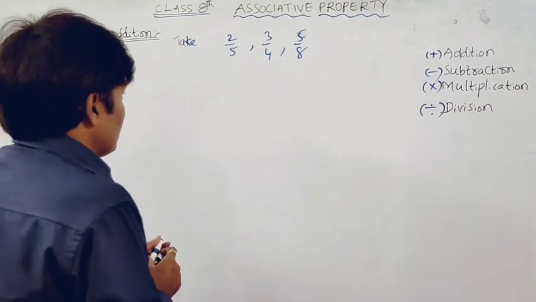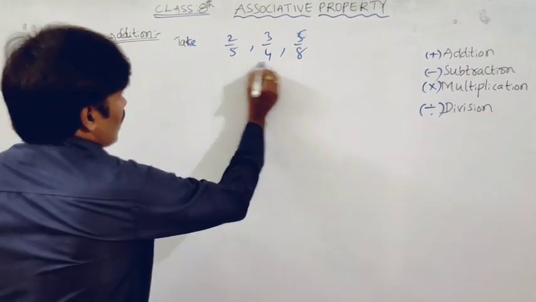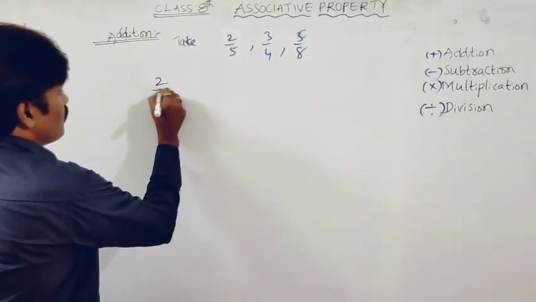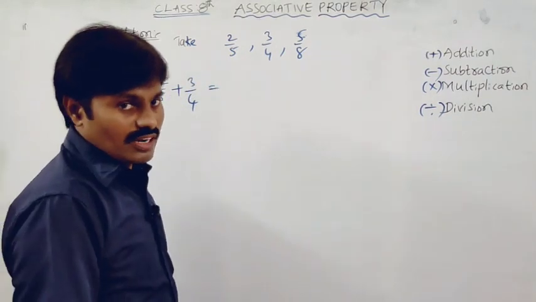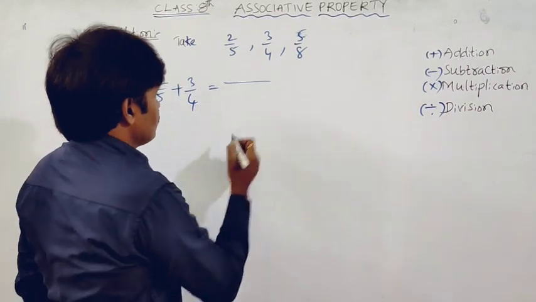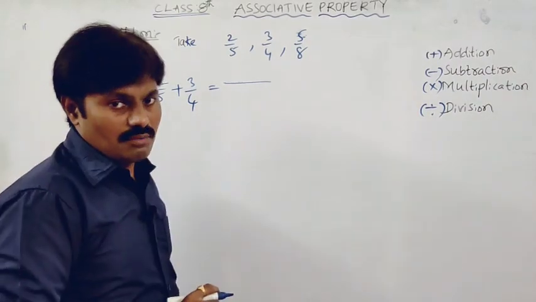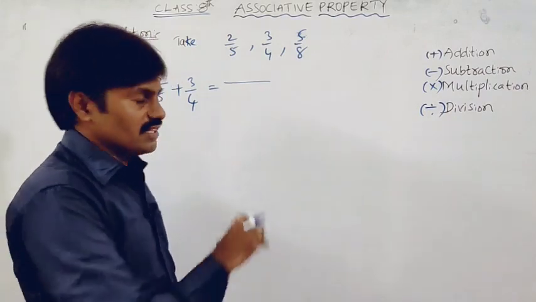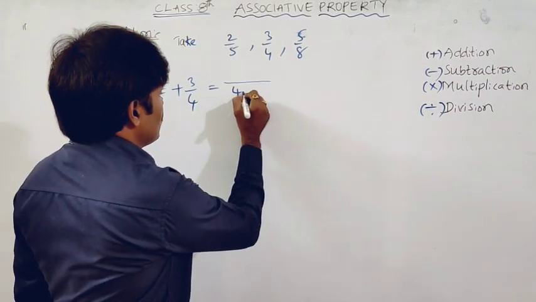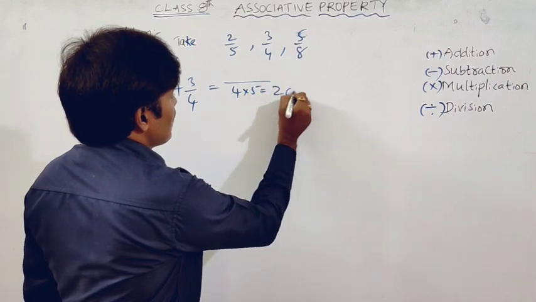Similarly here, I am adding the first two, that means 2/5 plus 3/4. Now what is the LCM of 4 and 5? The LCM is their multiplication itself, because these are co-primes. So 4 into 5, that is 20, is the LCM.